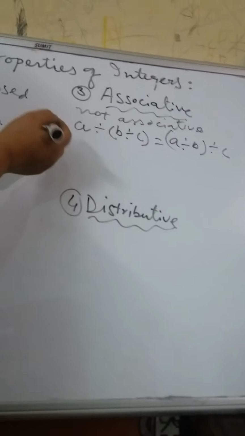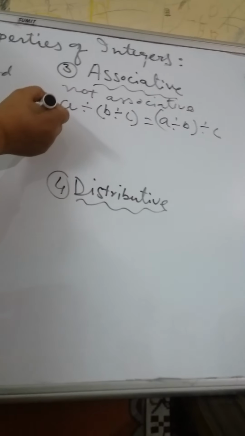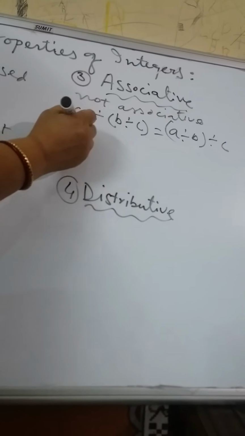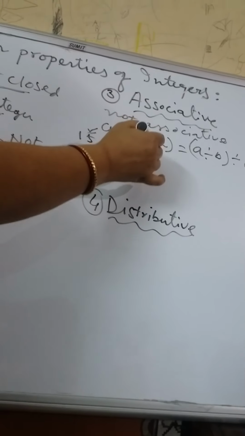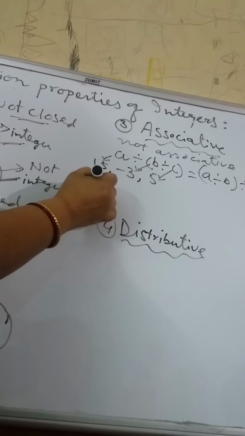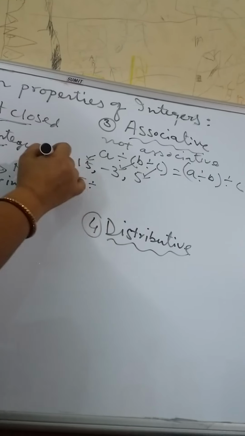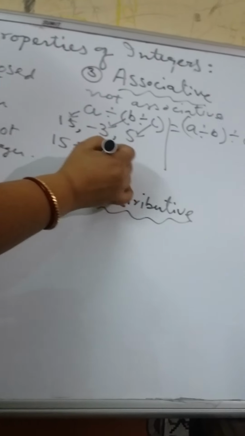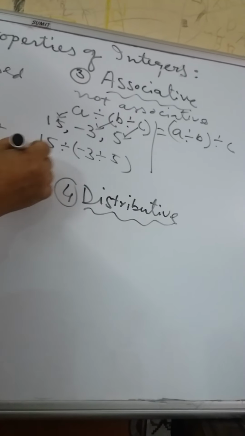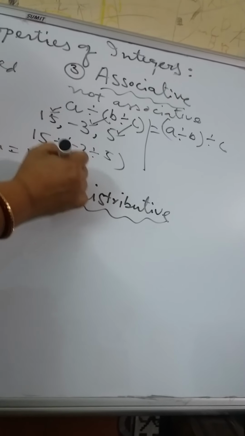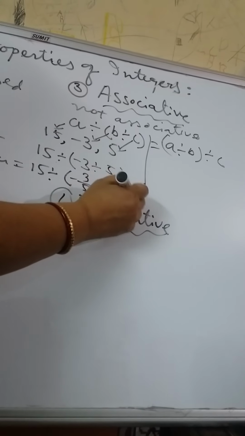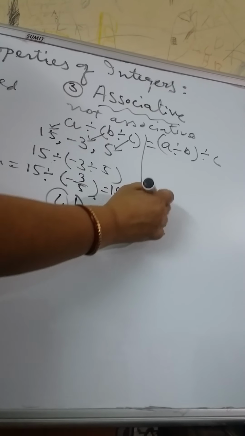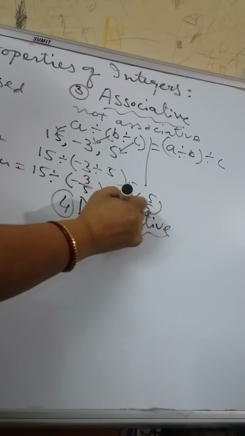Let's take three integers 15, -3 and 5. So a is 15, b is -3, c is 5. Now for the left hand side, 15 divided by (-3 divided by 5). -3 divided by 5 is -3 by 5, so my answer will be -25.